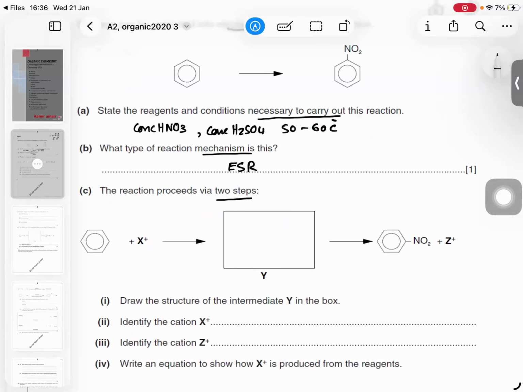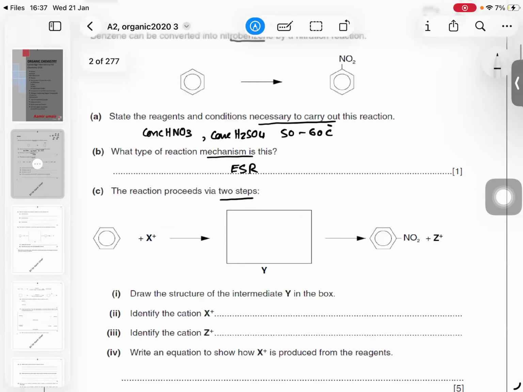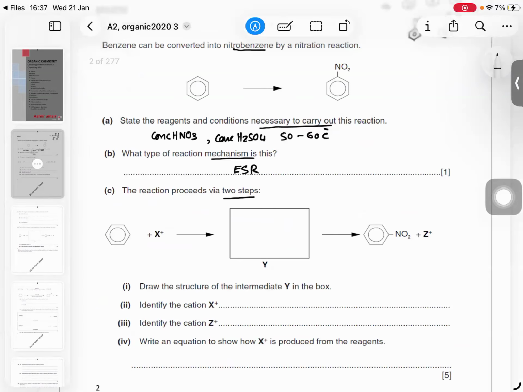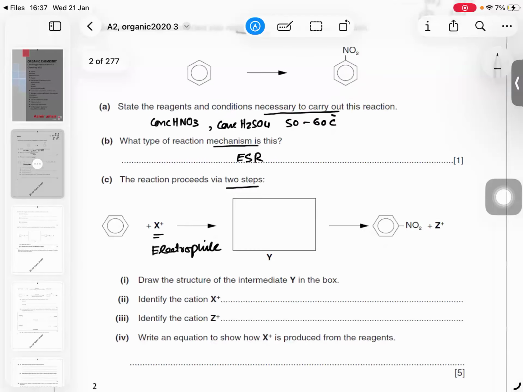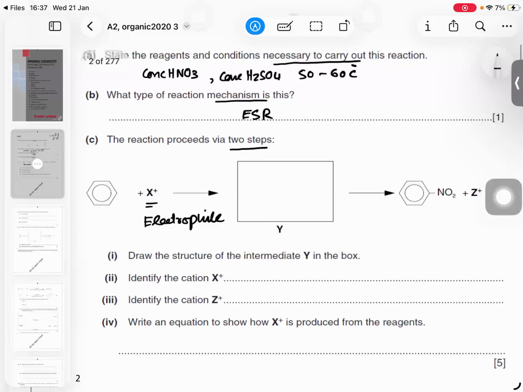The reaction proceeds via two steps. Now he's talking about the mechanism. Benzene reacts with an electrophile. As you can see the positive charge, so I know it's an electrophile. He's asking for the intermediate. You remember what happens when an electrophile goes to the benzene ring?